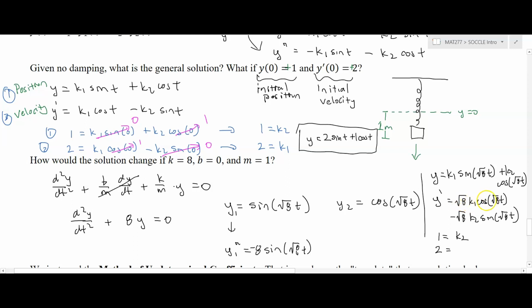Square root of 8 k1 cosine of 0 is 1, so square root of 8 k1 times 1, minus a term that is 0 because sine of 0 is 0. And so this gives me a k1 of 2 over the square root of 8.